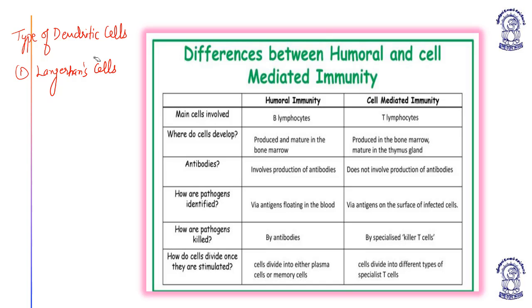Langerhans dendritic cells are mainly found in the epidermis of the skin, which helps to trap the organisms coming in contact with the body surface.